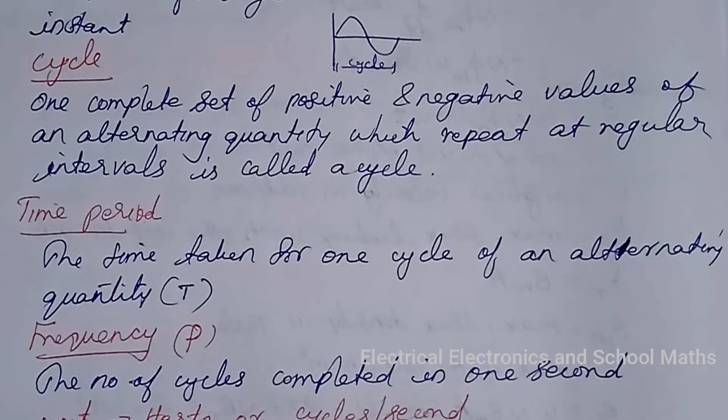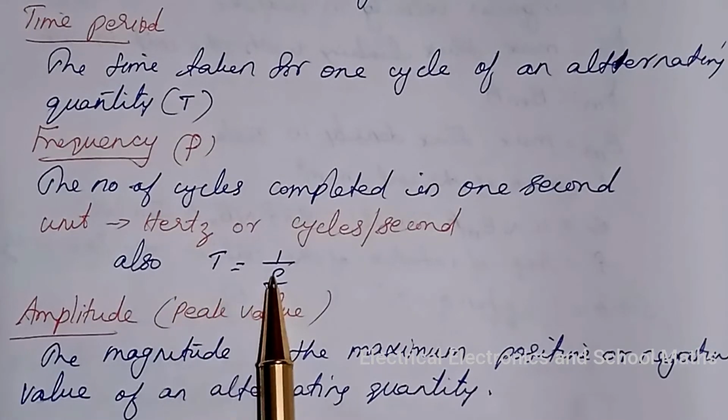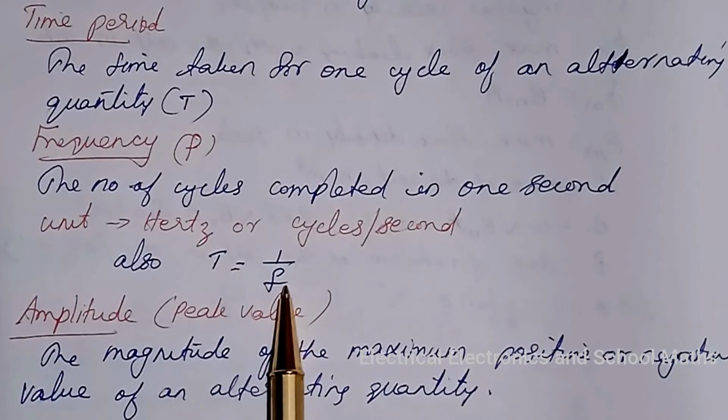And also the relationship between time period and frequency is T is equal to 1 by f. That is T is equal to 1 by f. Time period and frequency are inversely proportional.